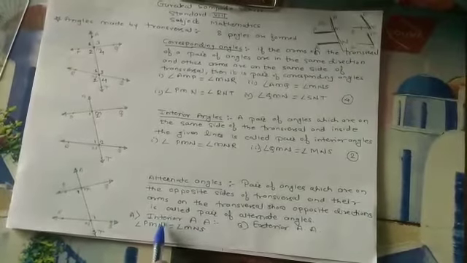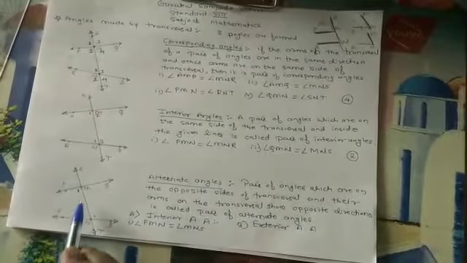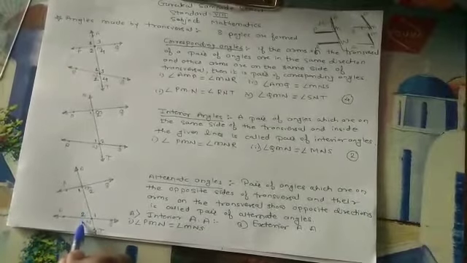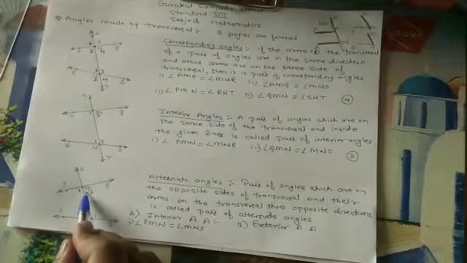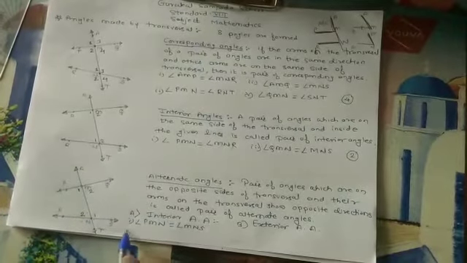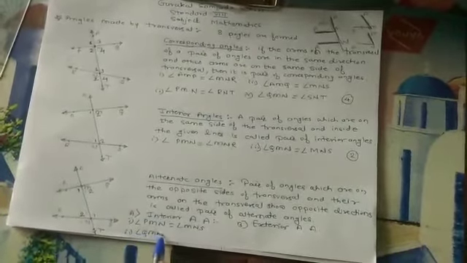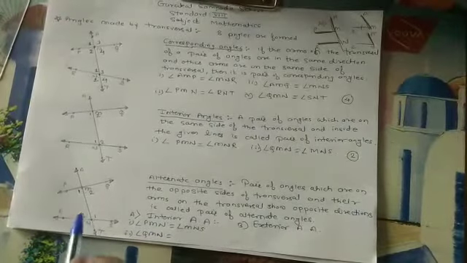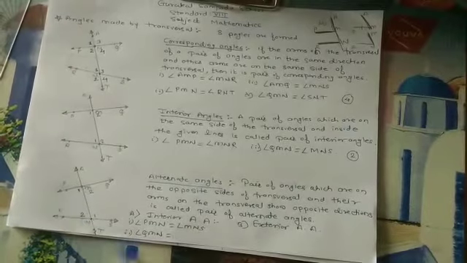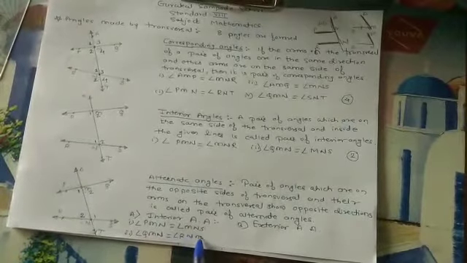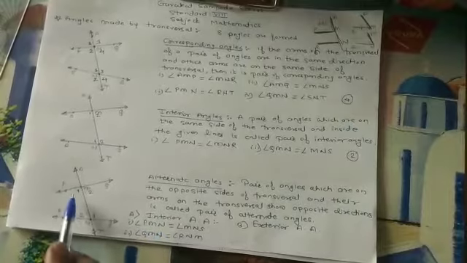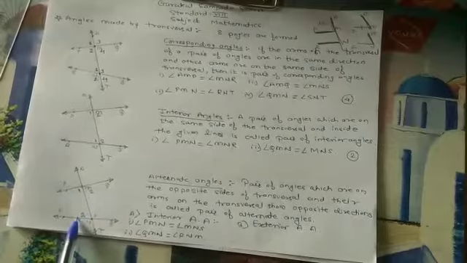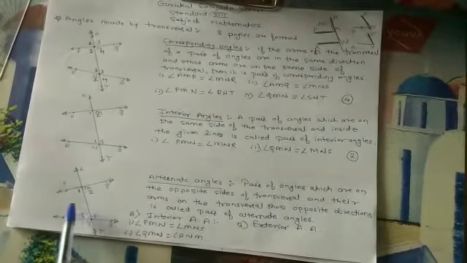And the second, on this side: angle QMN, which is equal to angle RNM. So these two pairs are the interior alternate angles, which are on the opposite side of the transversal.